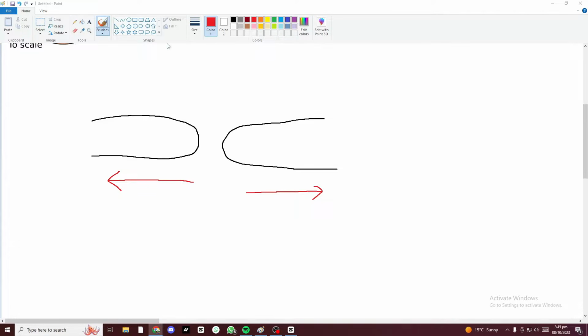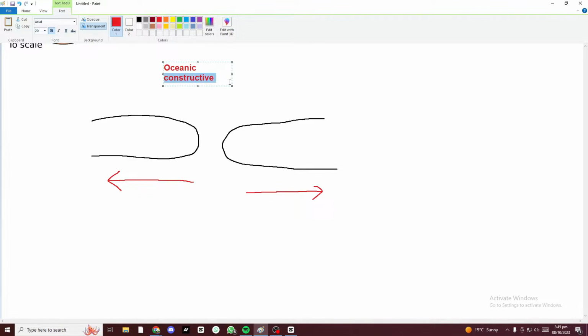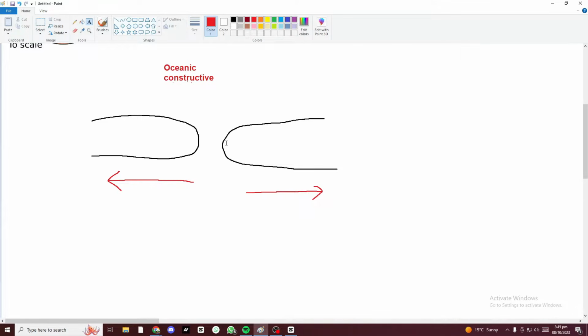So let's say that these are two oceanic plates moving away from each other. They will form an oceanic constructive plate boundary.